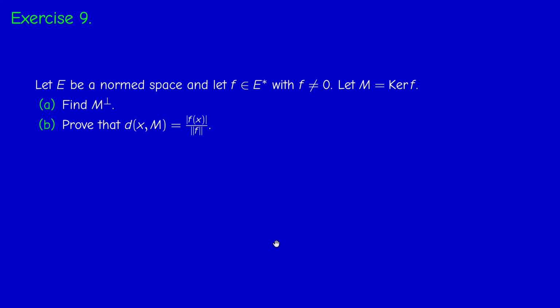Exercise 9. We have a normed space E and a non-trivial element f in the dual, and we consider the kernel M. It's a particular case of a closed hyperplane. We have to find the orthogonal of M according to our definition of orthogonality relation.